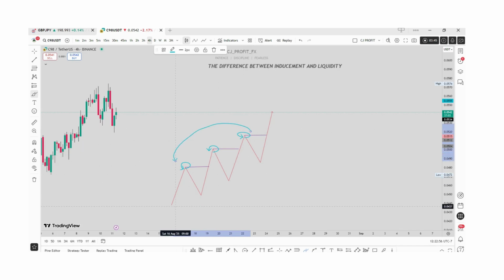The same thing applies here. These are liquidity areas too. But the difference is that the market has taken out the liquidity that was parked at this highest point. So the market creates this area as an inducement, and it has not been taken out.